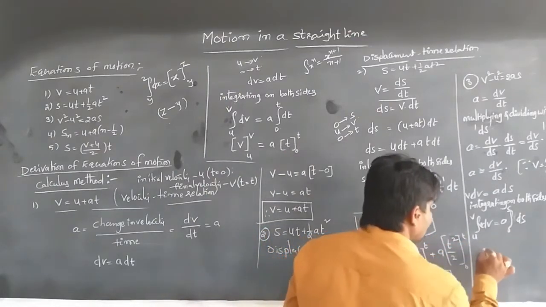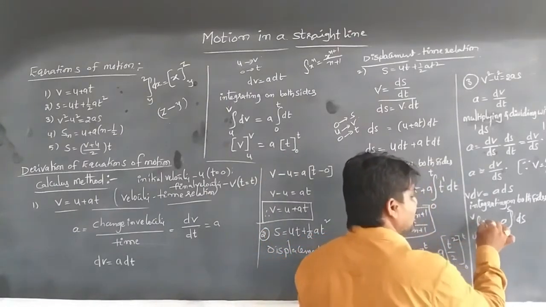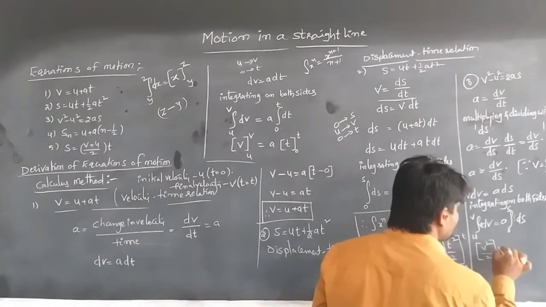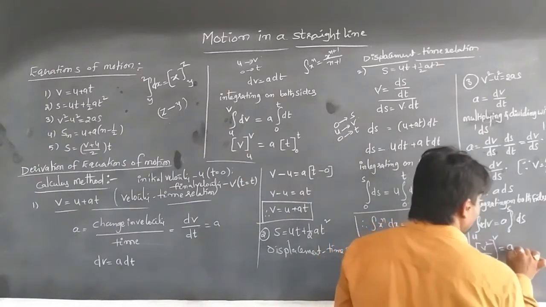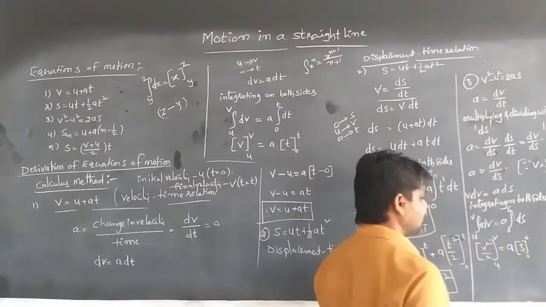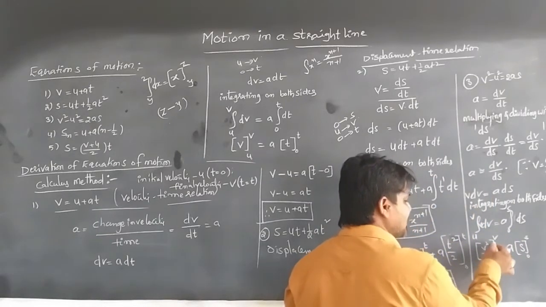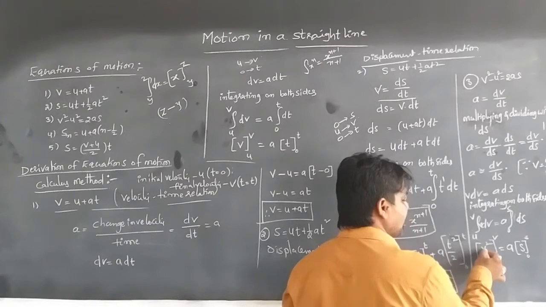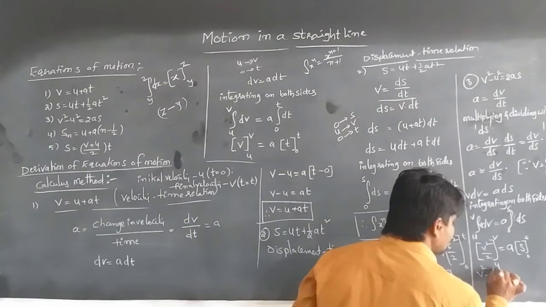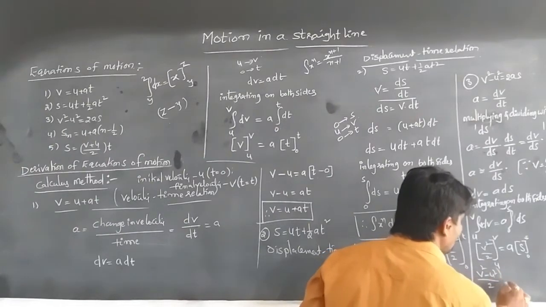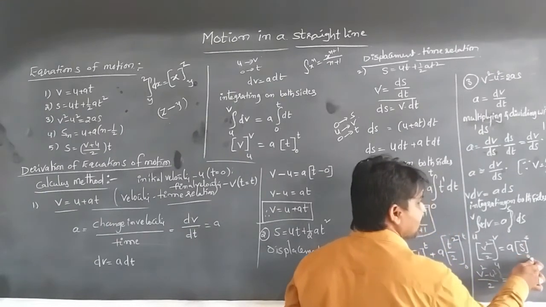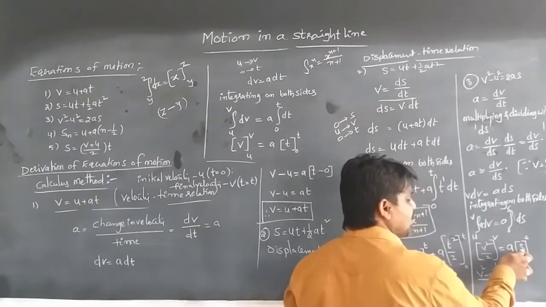Like that, v power 1 plus 1 by 1 plus 1 means v square by 2, between the limits u to v, is equal to a into s between the limits 0 to s. By applying the limits, we get v square minus u square by 2 is equal to a into s, since the upper limit is s and the lower limit is 0, s minus 0 is s.